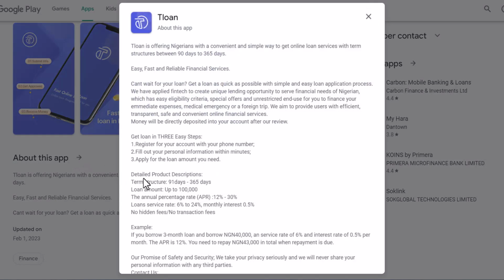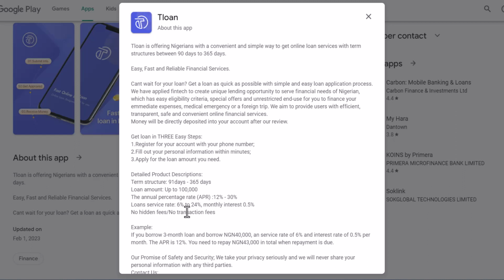What we need to do is check the detailed product description. The terms structure is 91 to 365 days, which means the loan tenor, and the loan amount is up to 100,000 naira, with an annual percentage rate between 12% and 30%. The loan service rate falls around 6% to 24%, and the monthly interest rate is 0.5%.